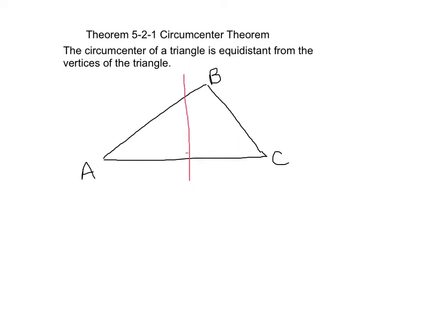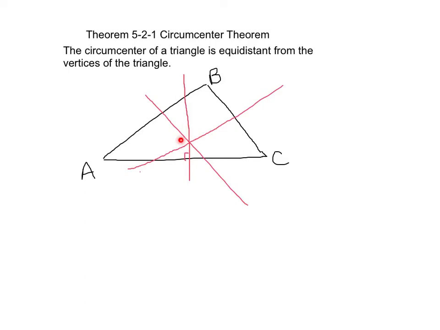That looks like through AC, perpendicular bisector through AB would be about right here, and through BC is going to be about right here. Now we have our circumcenter, which is this point where they all intersect.